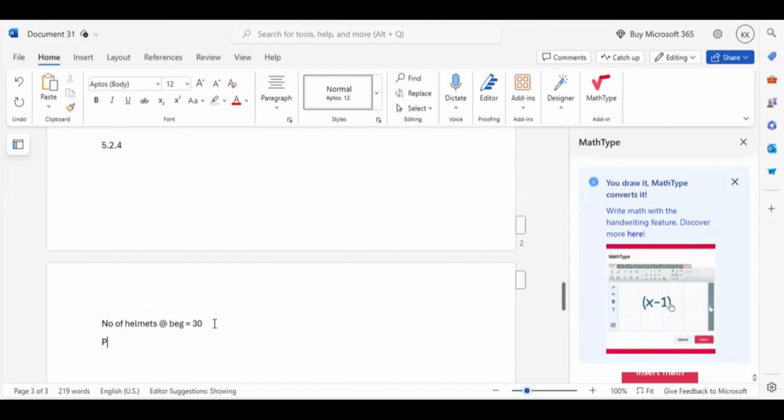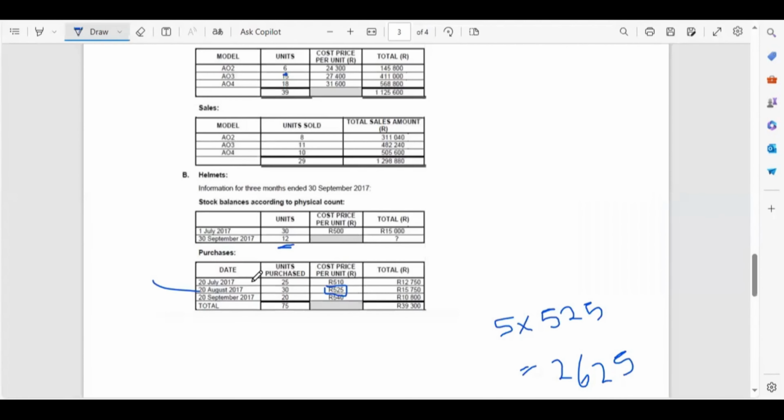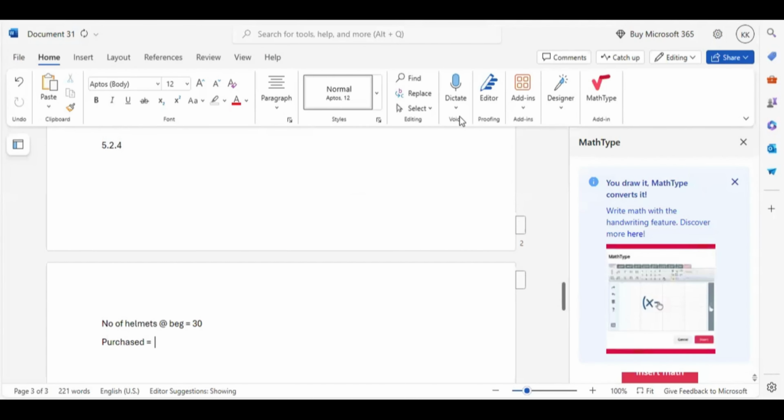So purchased. How many helmets did I purchase during the year with regards to units? I purchased 75 units of helmets, right? So I'm gonna say, all right, I purchased 75 helmets.